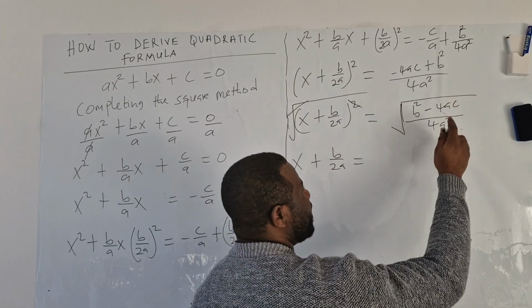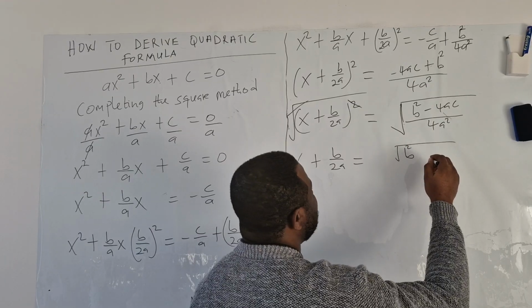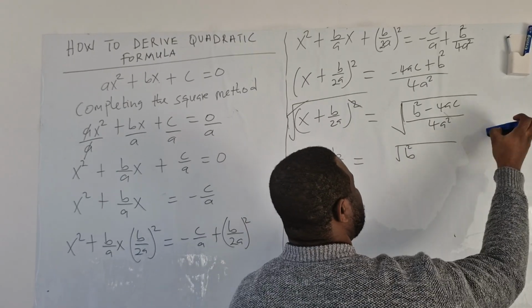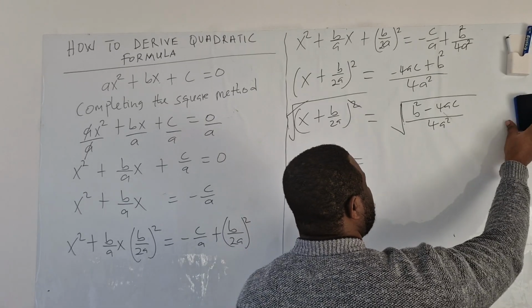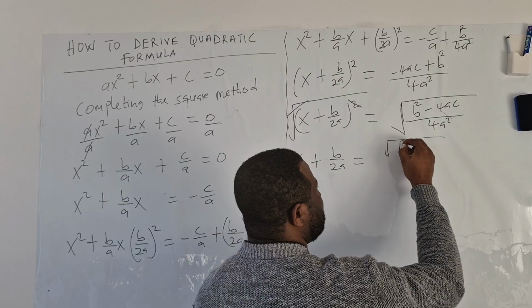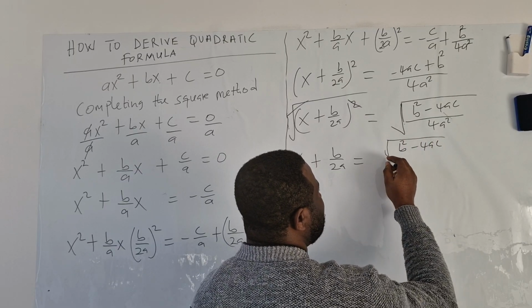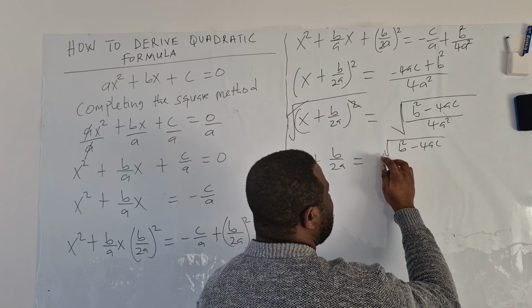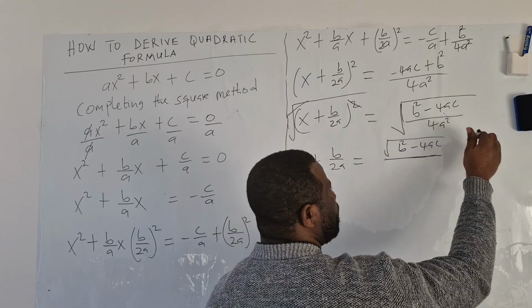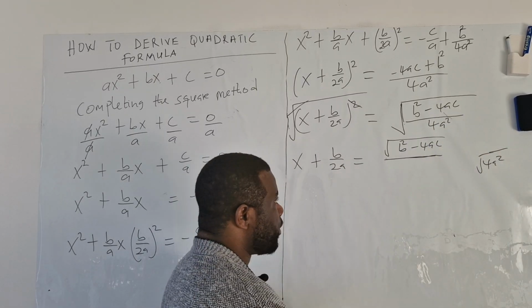So the square root of the numerator is square root of b squared minus 4ac, all over square root of 4a squared.